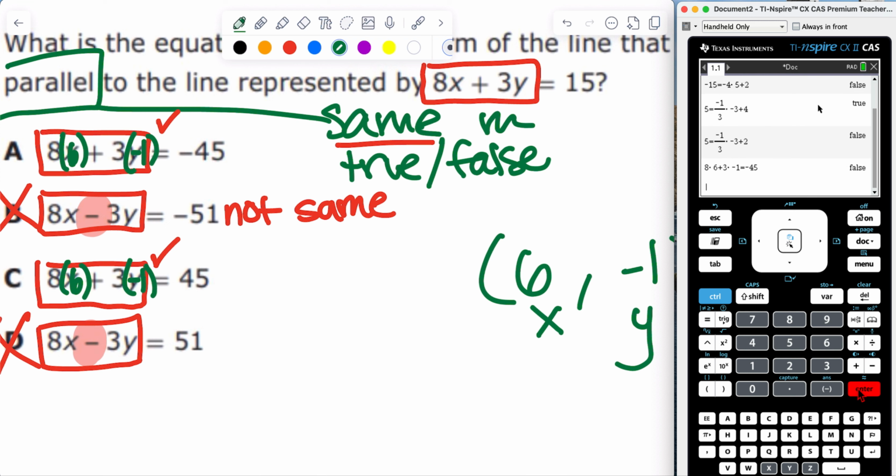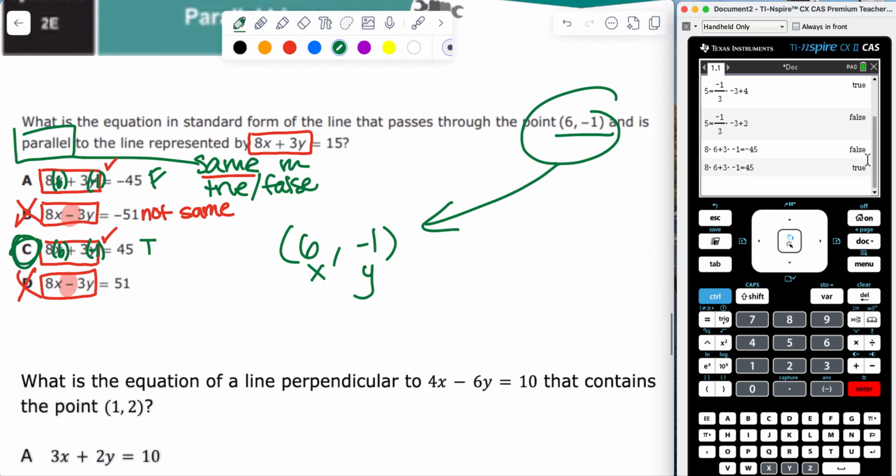Enter. That gives me false. So now let's try C. 8 parentheses 6 parentheses plus 3 parentheses -1 parentheses equals 45. Enter. And that gives me true. So my answer has to be C.